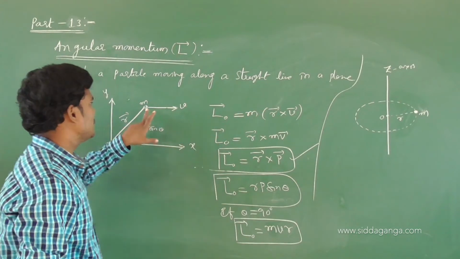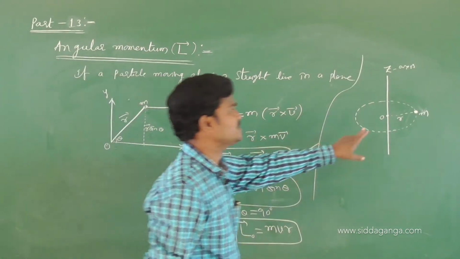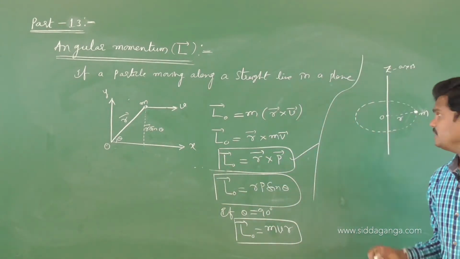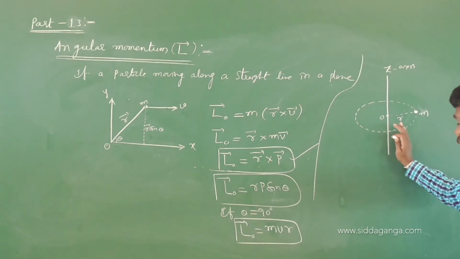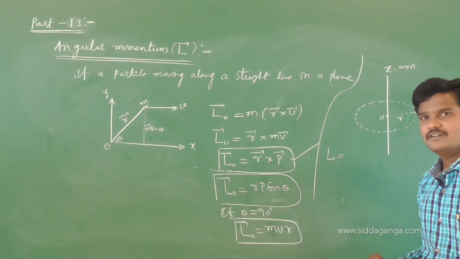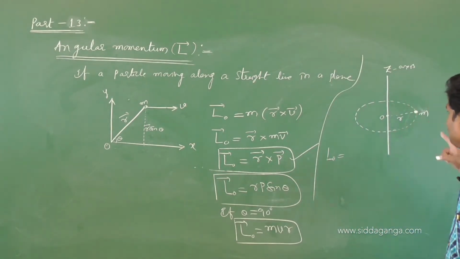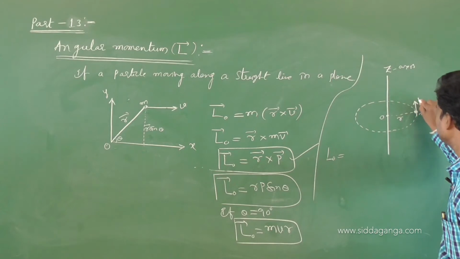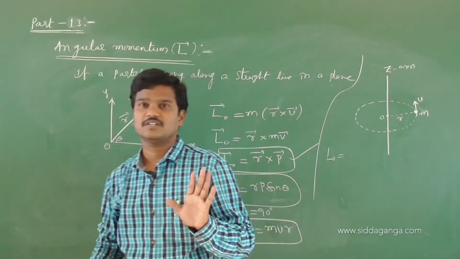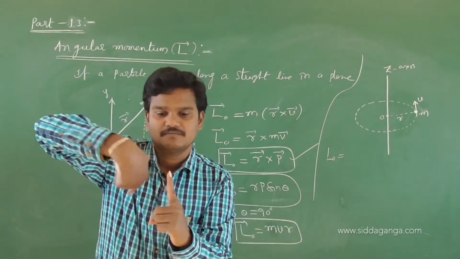In the same way, now the particle is moving along a straight line. If it is rotating about this point O, now tell me the angular momentum. L about O is momentum and perpendicular distance. If we draw a tangent, that tangent will give the velocity of the particle. This is the axis, and the particle is revolving like this.